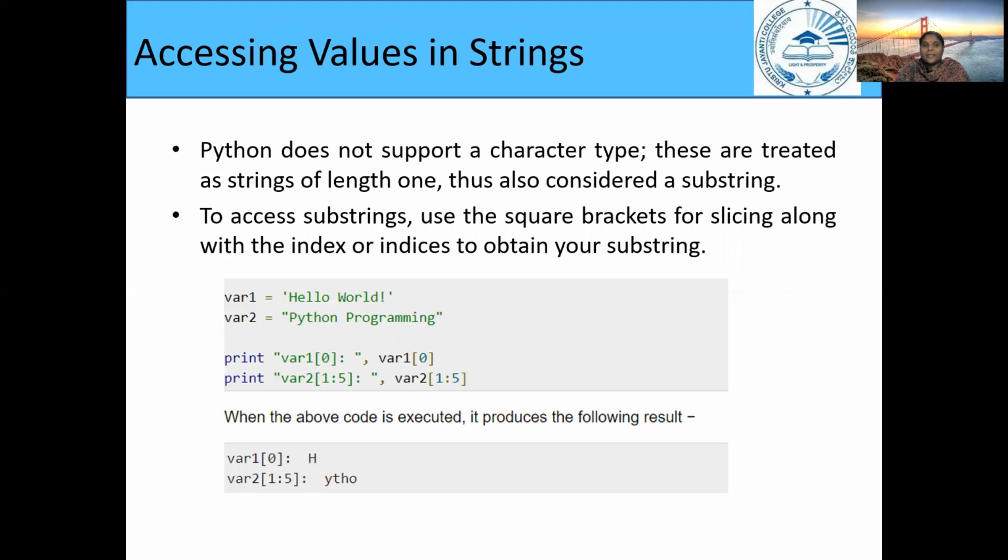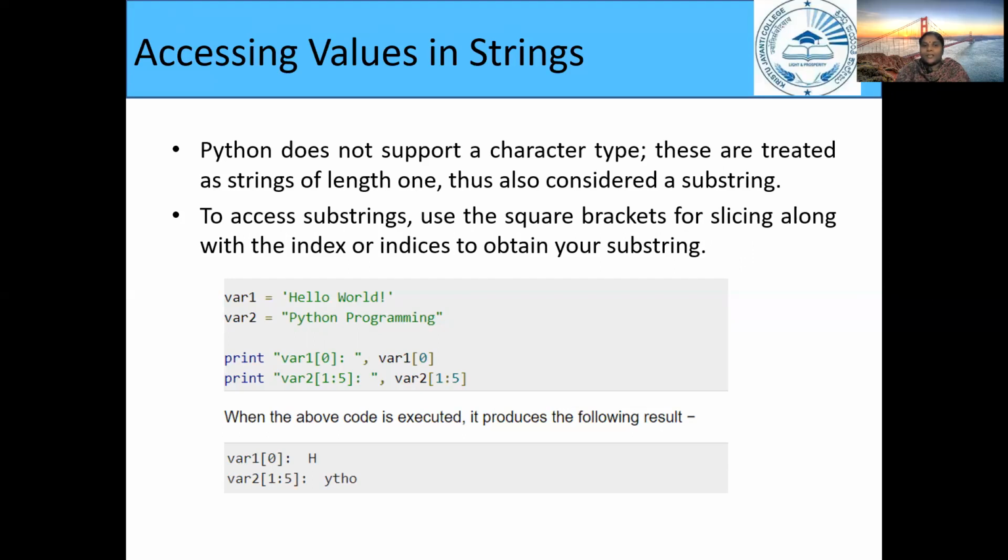Now, just see, if I'm giving print var1, whatever is given in double quotes, irrespective of the language, it is going to print as it is. So, print what is there in the zeroth position. If I want to know, print var1 of 0, comma, what is the variable name, var1. Since I'm doing the slicing operation, I'm just using this square bracket of 0.